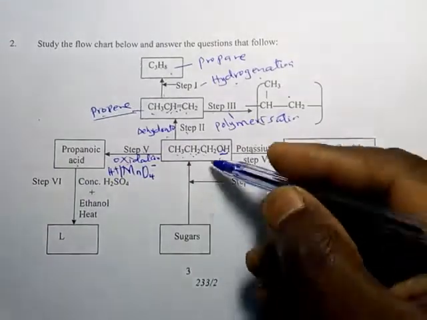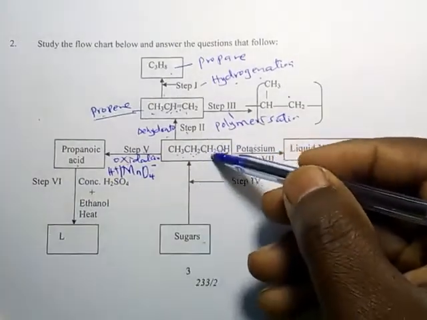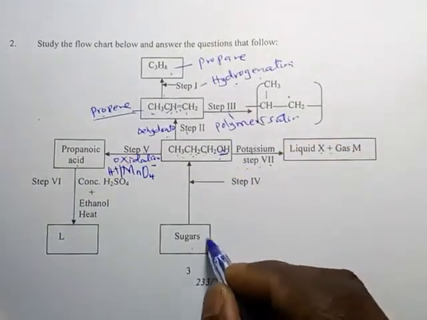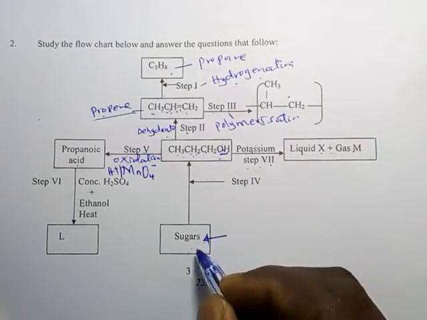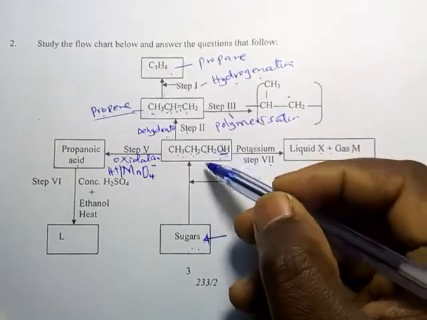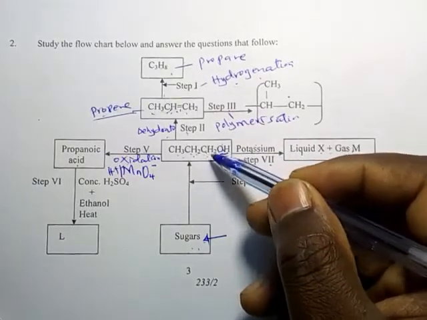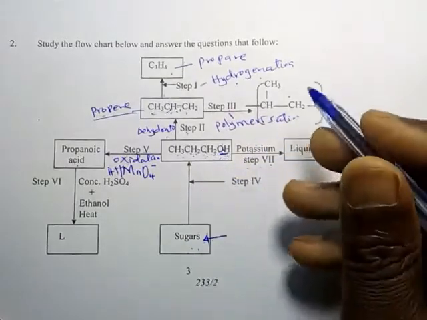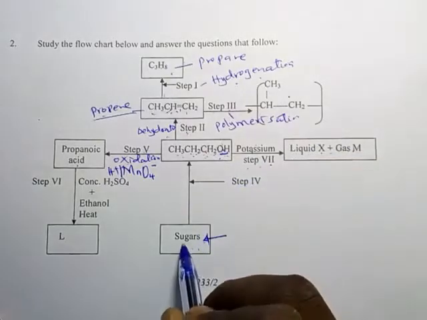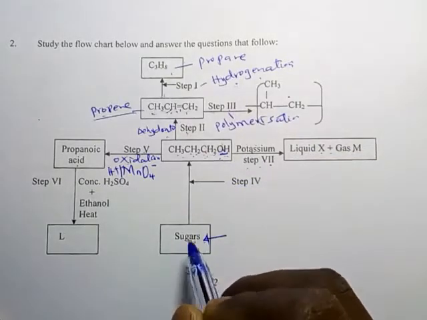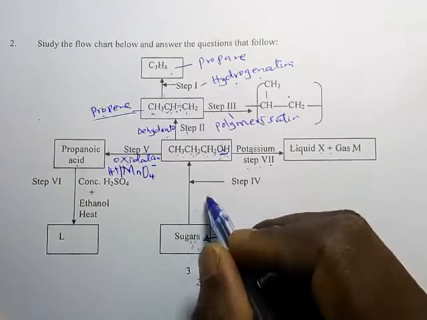The next thing, so here, how was this ethanol formed? Ethanol was formed from sugar. So remember how ethanol is formed. And remember, this one is propanol, but whether it is propanol, pentanol, whatever it is, it can be formed from sugars. Therefore, propanol is formed from sugar. Which step is this?